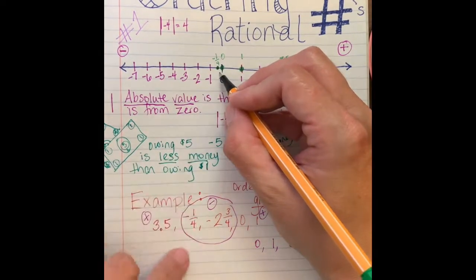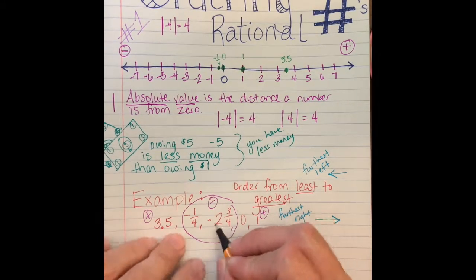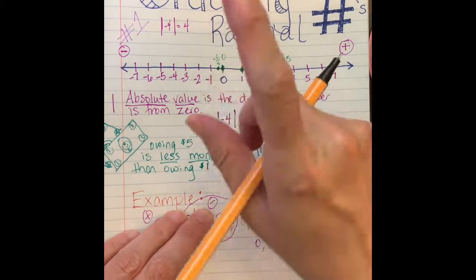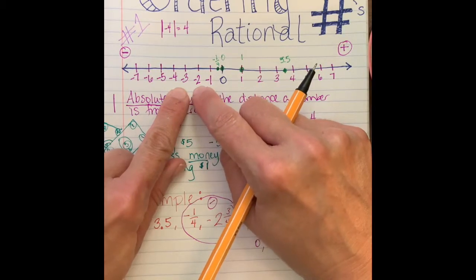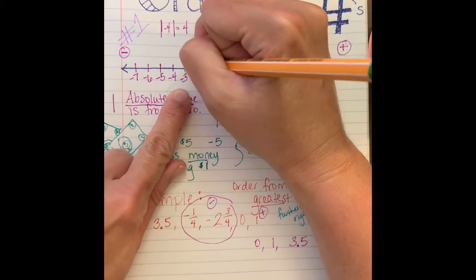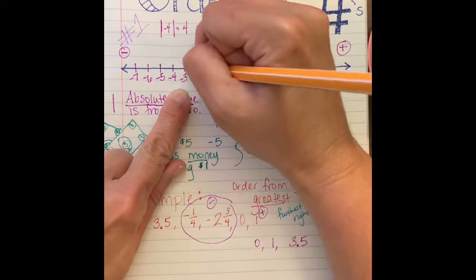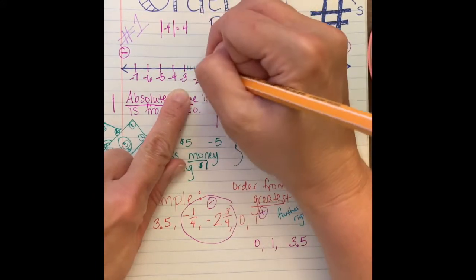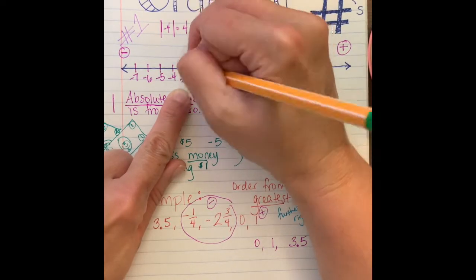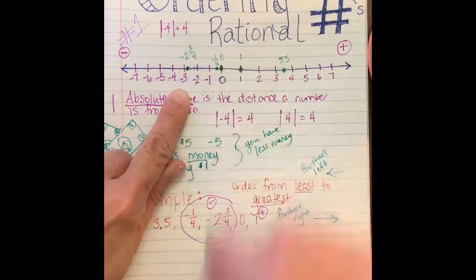And -2 and 3/4. Well, what would that be in between if it was positive? 2 and 3/4 would be in between 2 and 3. So in between -2 and -3, I have -2 and 3/4. And if this were divided into 4 equal parts, so this would be -2. And then you just kind of have to think like you're thinking backwards, because 2 and 3/4 would be closer to 3. So right there would be -2 and 3/4.